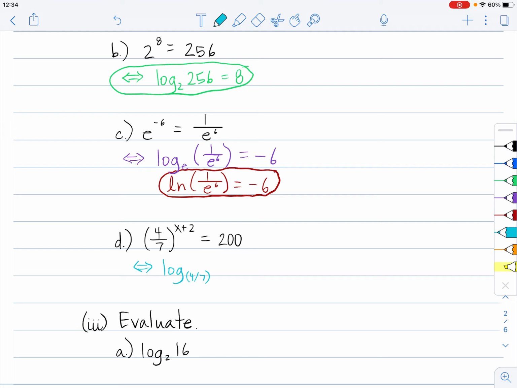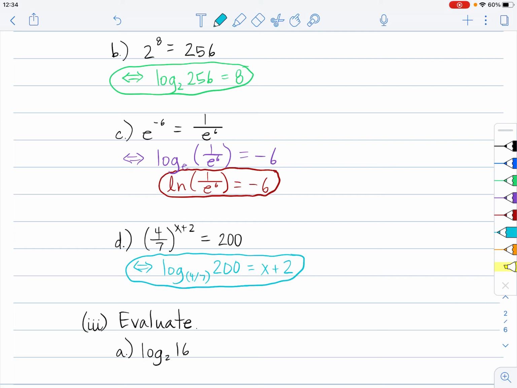They are appropriate when you're in an exponent, when a fraction is in an exponent, or when your fraction is a base, but he does need a parenthesis if you make him slashy. Log base 4/7 of my answer, 200, is supposed to equal my exponent, x plus 2. Again, we're not being asked to solve, we're just being asked to go between our two forms.